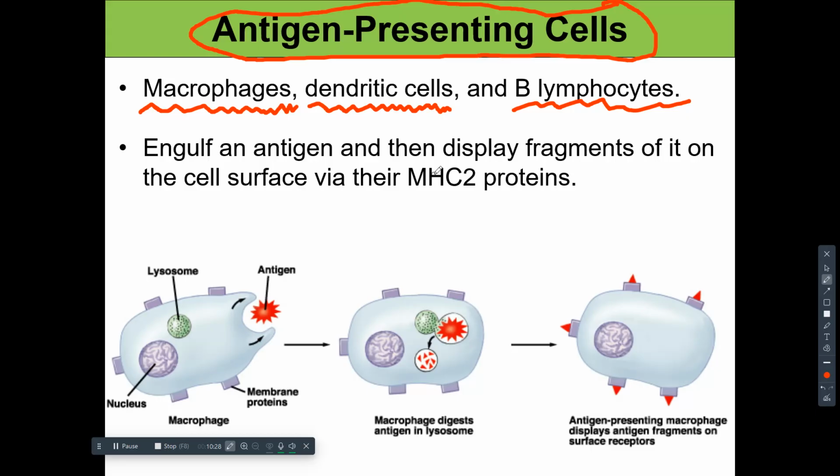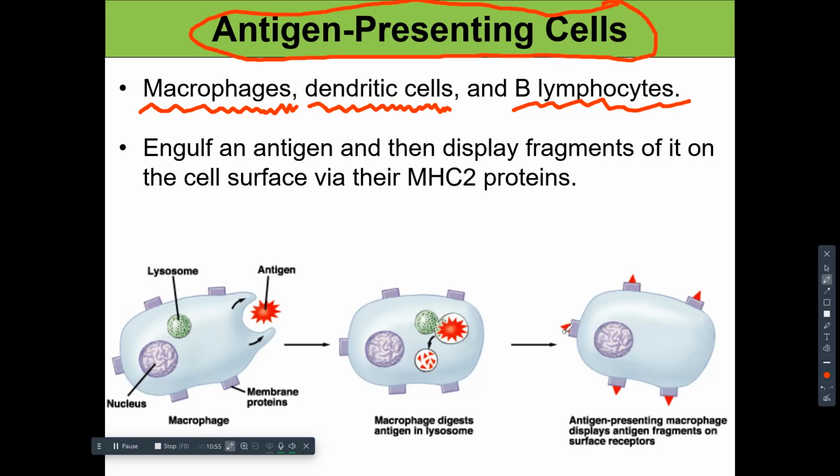So what all three of these guys will do, they will all engulf an antigen. So here's an antigen. It is being phagocytosed. It is then being chopped up by the digestive enzymes in a lysosome. And then pieces of that antigen are displayed on the surface of the antigen-presenting cell.